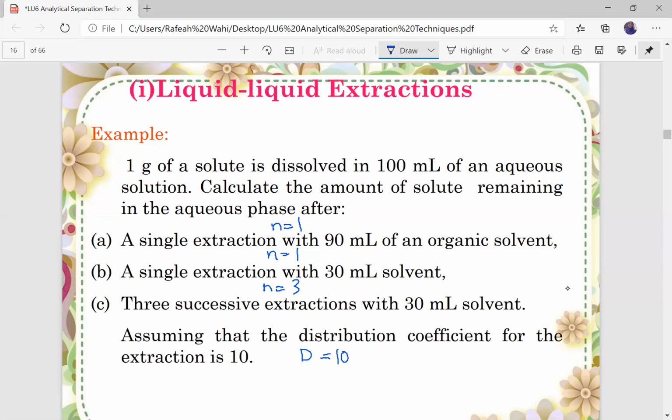So 1 gram is the amount of your solute and 100 ml is the volume of your aqueous solution. 90 ml, 30 ml, and 30 ml are the volumes of your organic solvent, which is V_org.